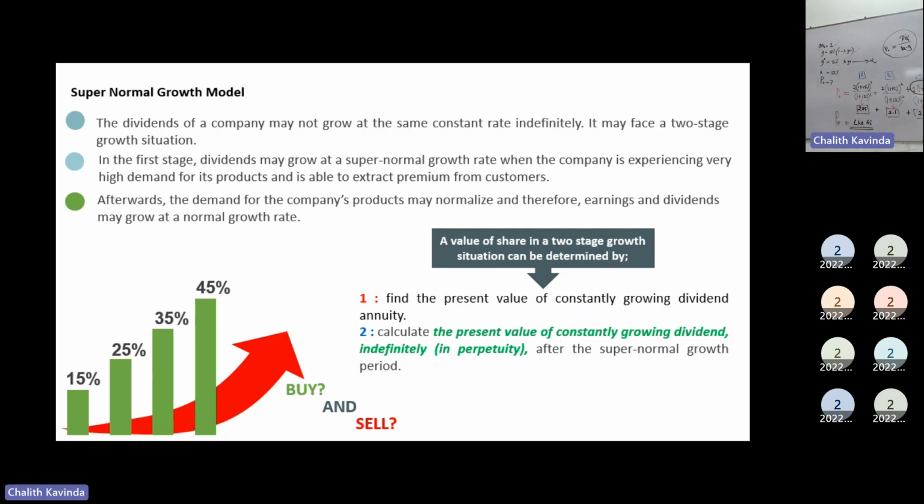Then supernormal growth. Remember, value equals the present value of the expected cash. If you look at this particular formula also, you can see. So you can ask any question, any doubt.